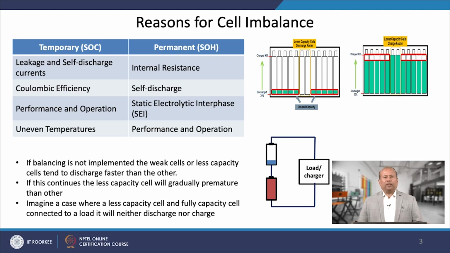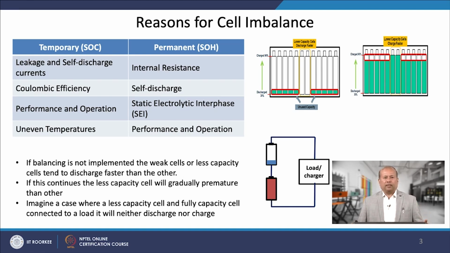The temporary causes of cell imbalance include uneven distribution of leakage and self discharge currents, the difference in Coulombic efficiency, which is a minor imbalance, and uneven temperature distribution.